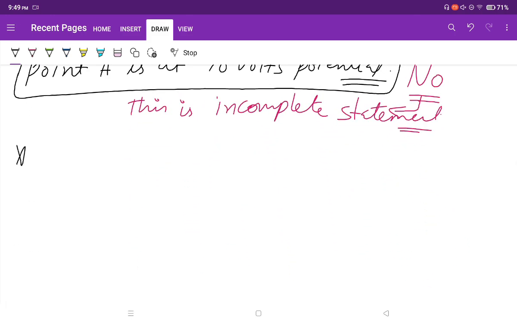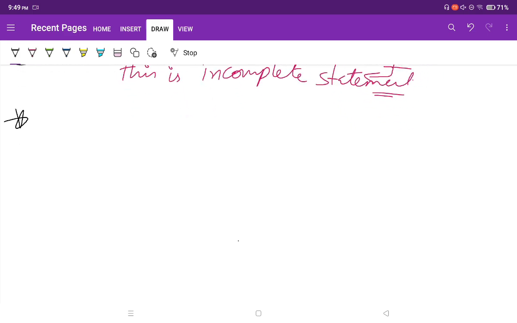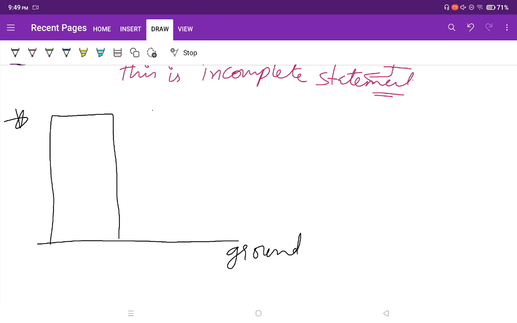Let's understand why. Suppose I say this is the ground, and suppose I say this height, right?